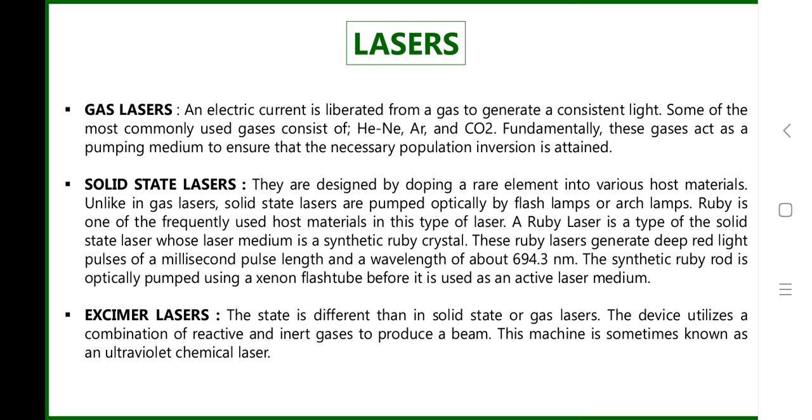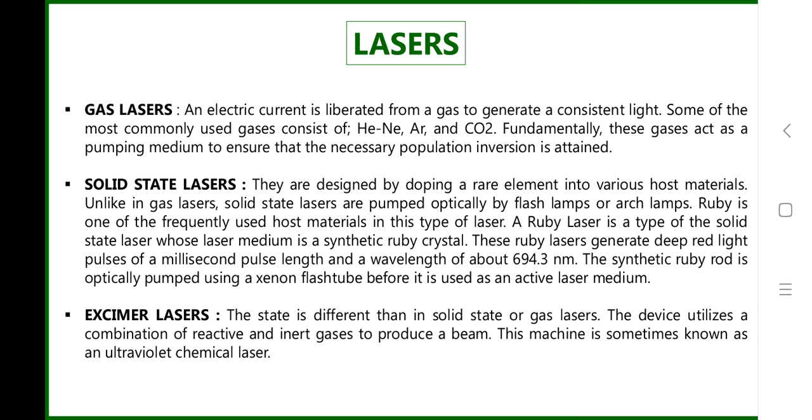Second is the solid state laser. They are made by doping a rare element into various host materials. Unlike gas lasers, solid state lasers are pumped optically by flash lamps or arc lamps. Ruby is one of the frequently used host materials in this type of laser. A ruby laser is a type of solid state laser whose laser medium is a synthetic ruby crystal.